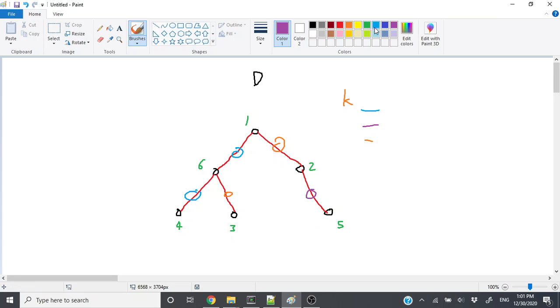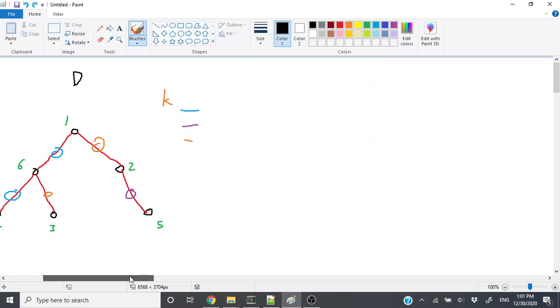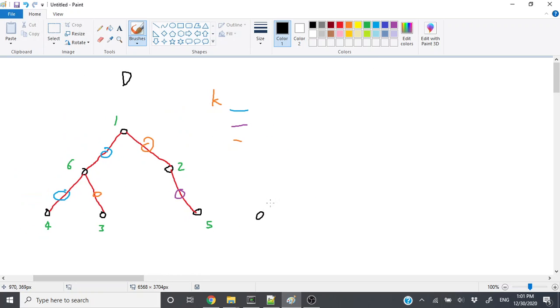Now we're going to look at the components of the tree formed by nodes that are connected. For each color, we consider the components of the tree that are formed by all the nodes that are connected to at least one edge of that color. For the blue, we have this tree that uses these 3 nodes because they're connected to blue edges.